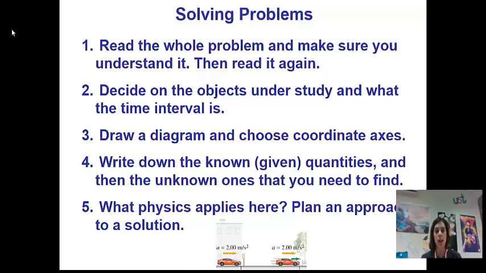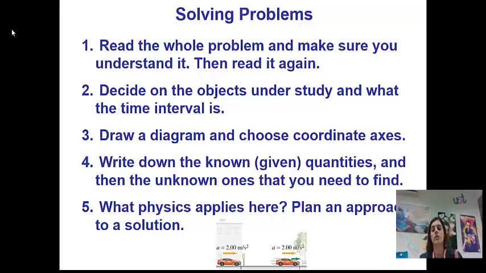Decide on what objects you're studying and the time interval, frame of reference. Draw a diagram, draw a picture, always draw a picture, and choose your coordinate axes. Which way is positive? Because if you make to the left positive, which is not necessarily the conventional way, that's fine, but if the readers don't know that, they can't grade you accordingly. So you always want to make sure you mark your axes.